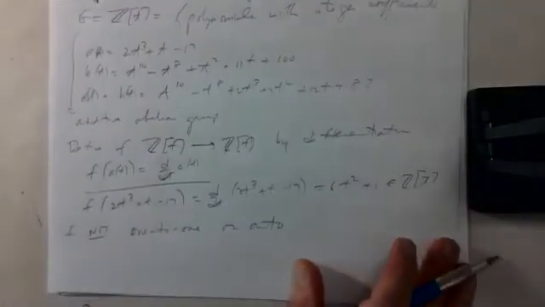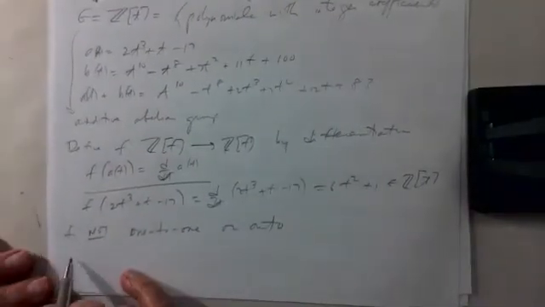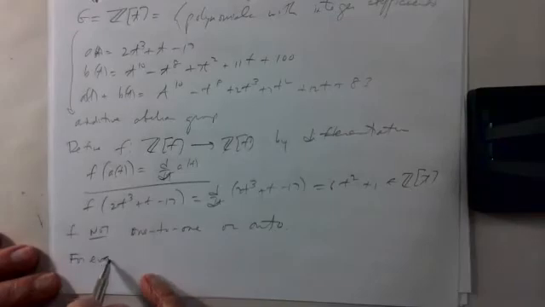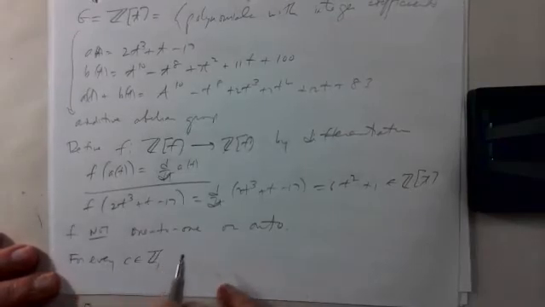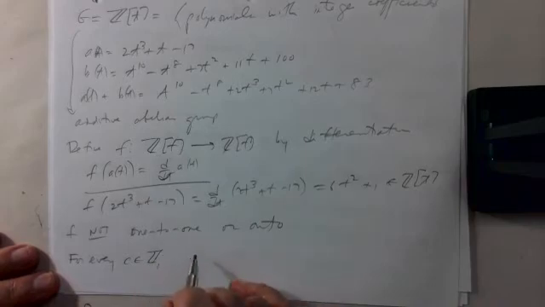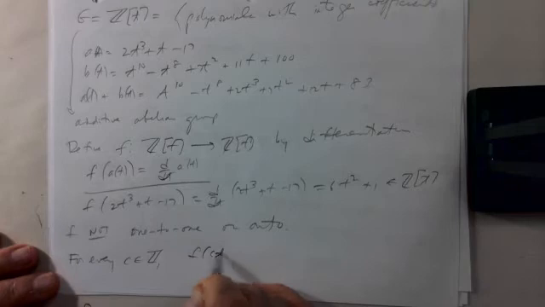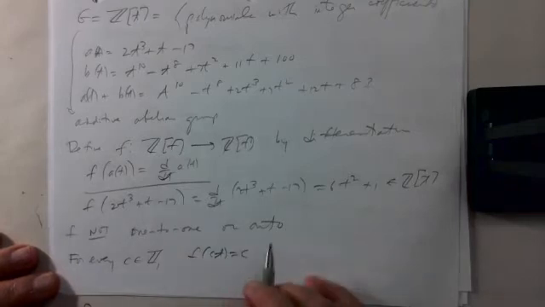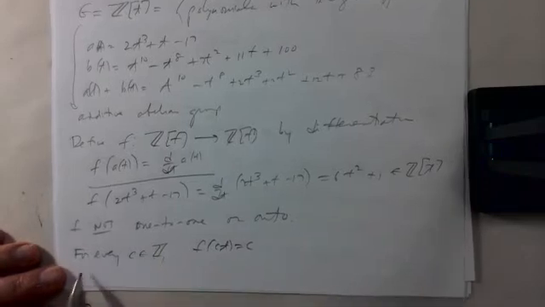Is that one? Well, no. I mean, for every integer c, which is a constant polynomial, f of ct is equal to c. So you can certainly get every integer. You can get c in the range.